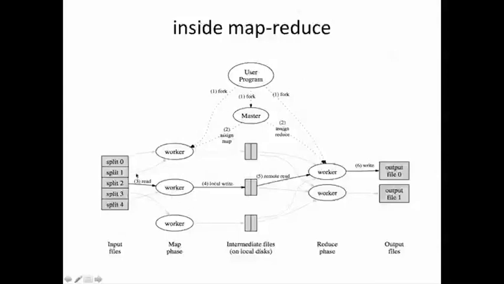Since the data had to be read from the input in any case, the newly assigned mapper simply rereads the data and reprocesses it. Similarly, if a reducer fails, the key ranges for whatever tasks it has not yet finished are assigned to some newly appointed reducer. However, for the tasks which it's already completed before failing, we don't have to worry because they have already been written out to the output.